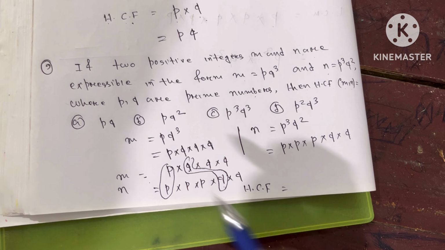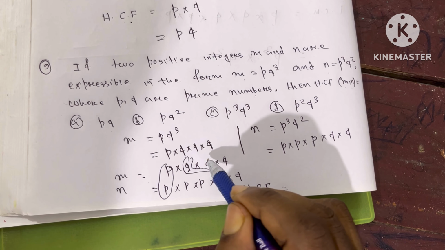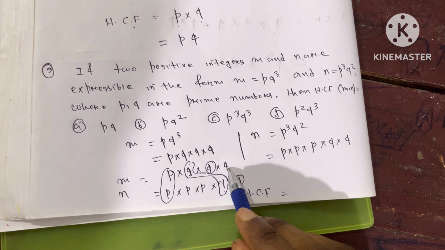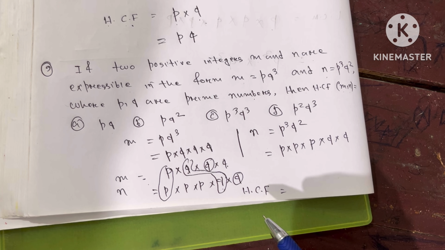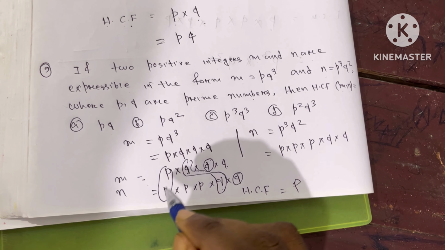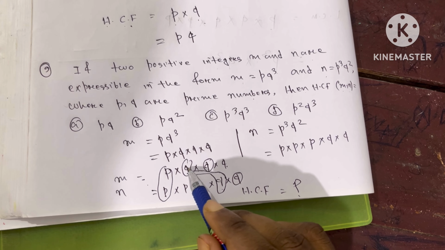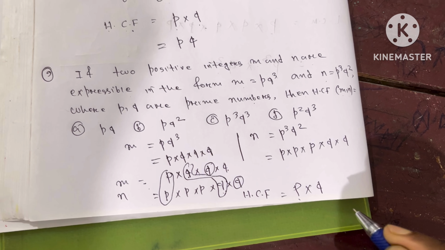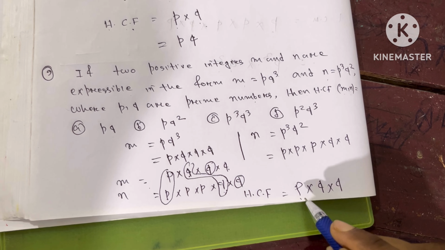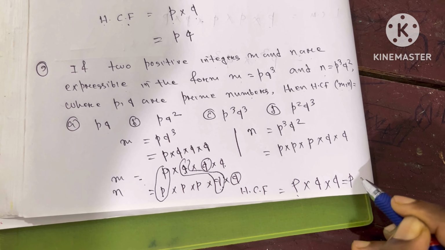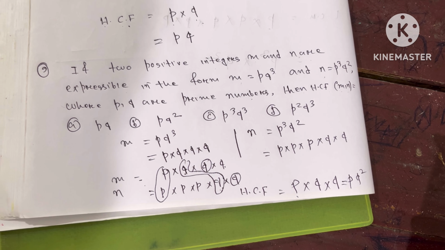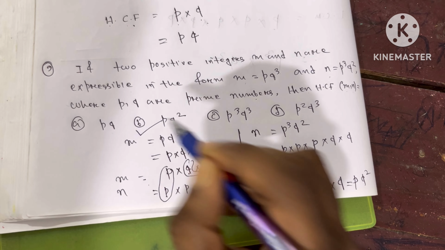This q is common, and again this q is common with this q. The remaining q is in m, but it is not present in n. So the common factors are: from this pair you can write p, from this pair q, and from this pair q. So I got p into q square. So p into q square means option B is correct.